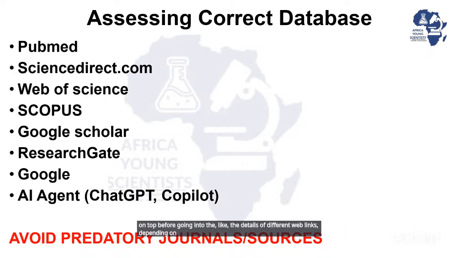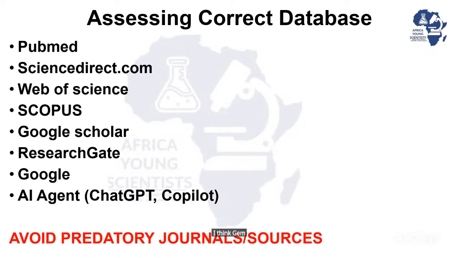Copilot is doing the same for Microsoft Edge, then ChatGPT. I think Gemini is not, I don't think Gemini is developed for research activity. So ChatGPT and Copilot and everything.